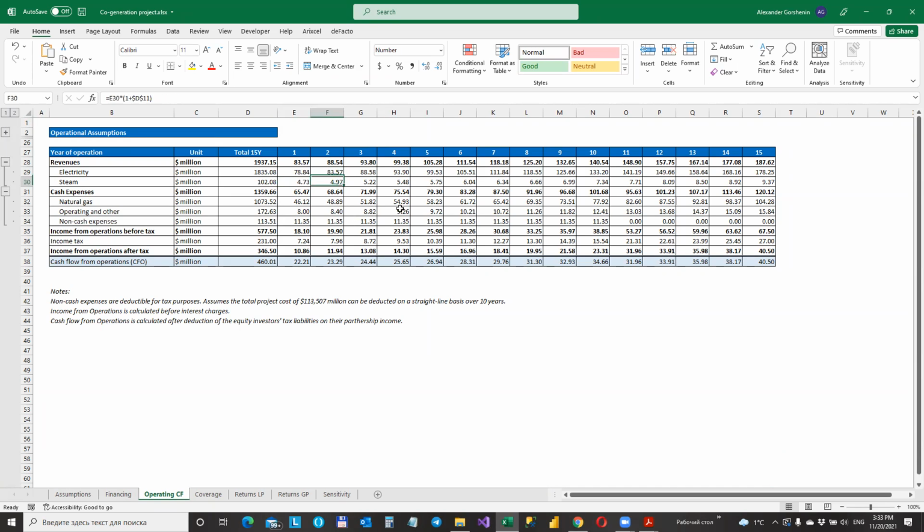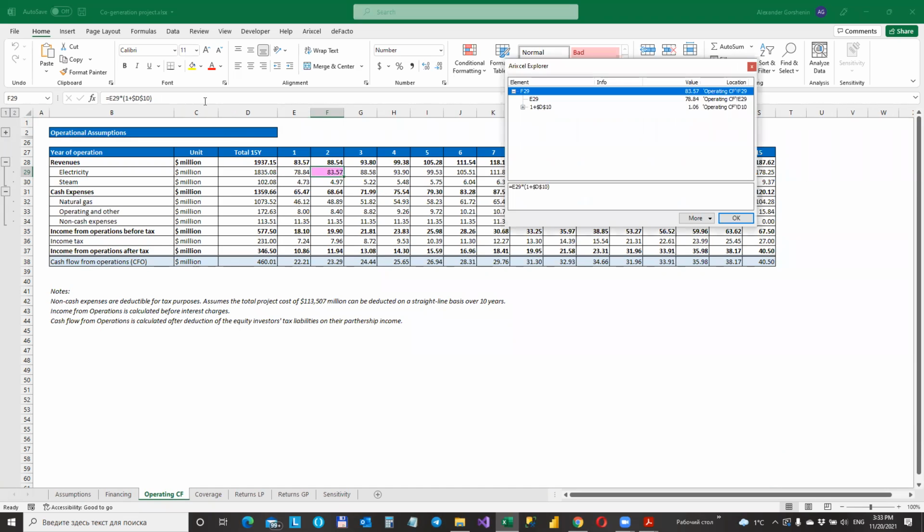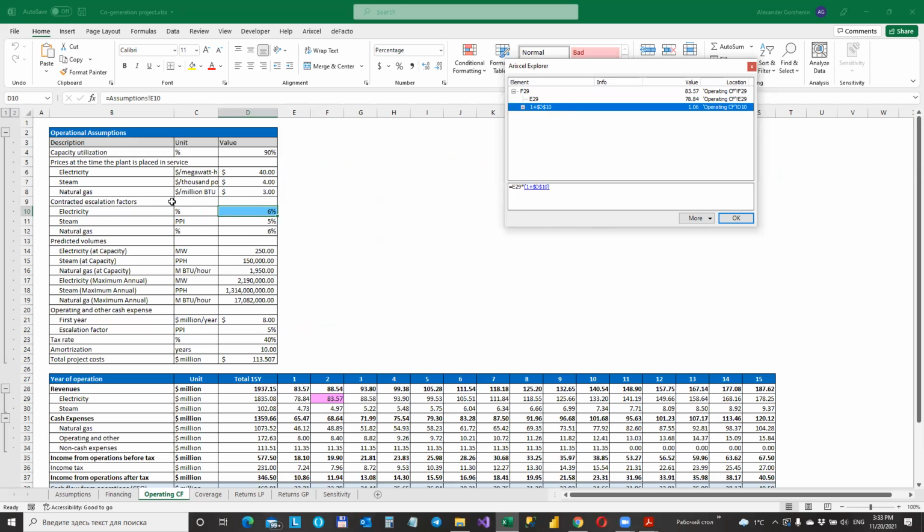And all it will be indexed according to PPI. You can see here again we have a figure from the previous year for the revenues from the sales of electricity, and its increase with either contractual escalator factors or PPI.